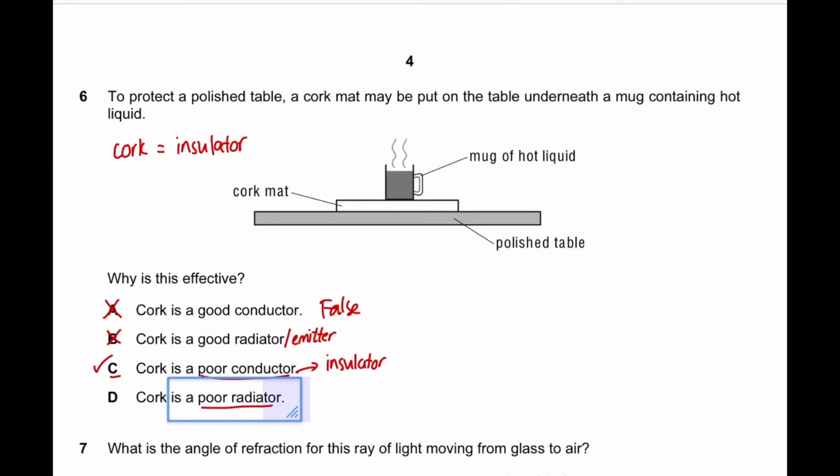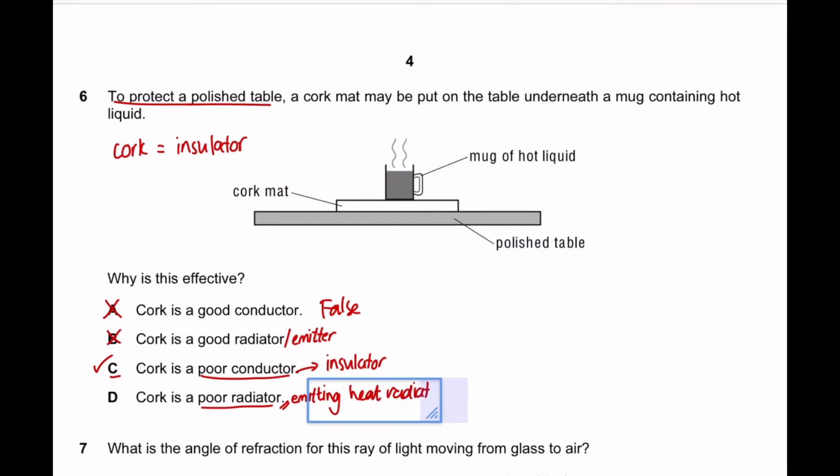Going back to the question, the main objective is to protect the polished table. Nothing to do with emitting heat or heat radiation. So to protect the polished table, you need a good insulation, which means C is the correct answer.